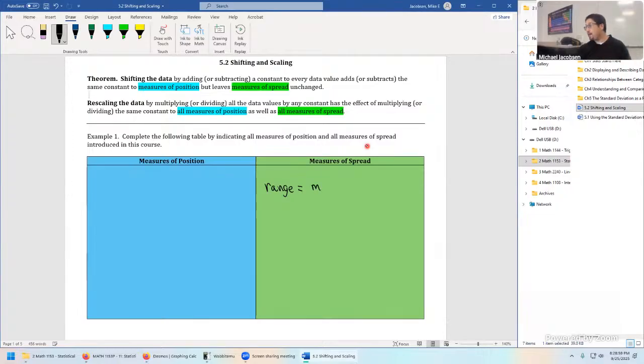By formula, it was max minus min. And thinking through this, if I add a constant, say 10, to all the data, I've also added 10 to the max, I've also added 10 to the min, so the range wouldn't change. That's what it means when it says measures of spread are unchanged.